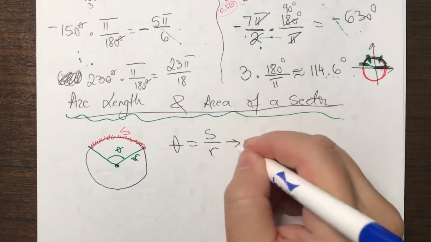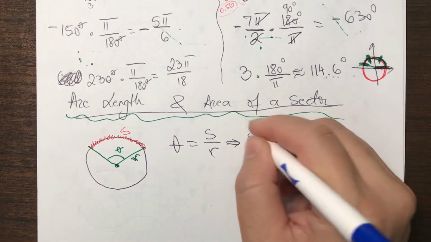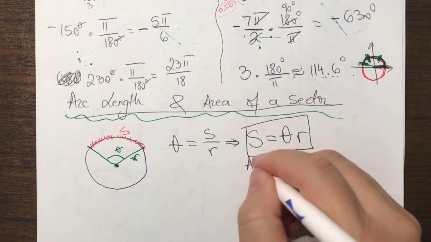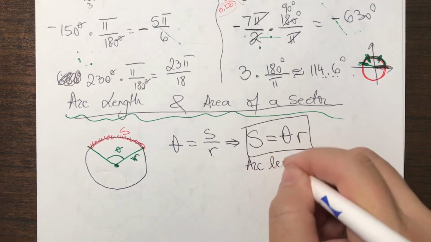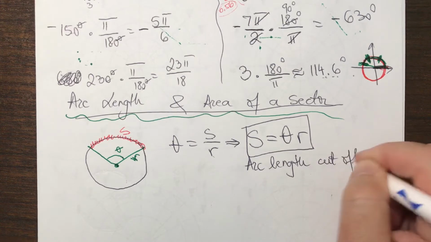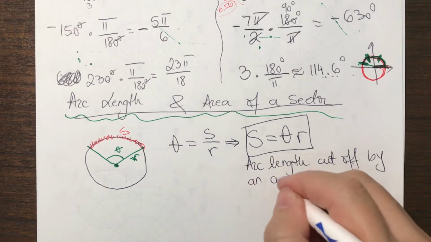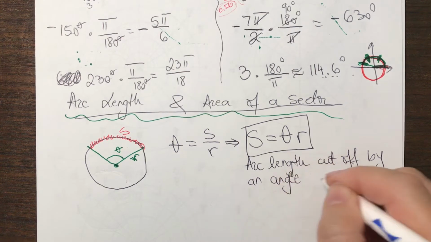Now, of course, from here, I can easily come up with the formula for the arc length cut off by an angle of theta.